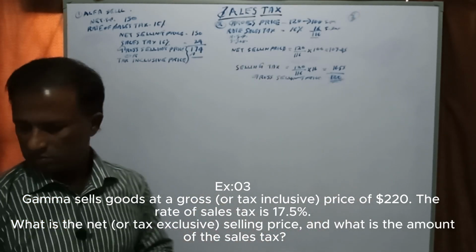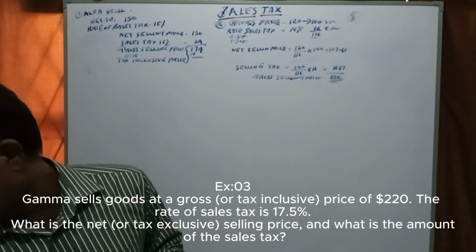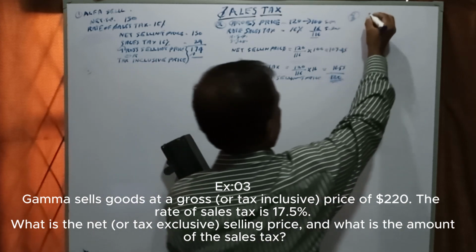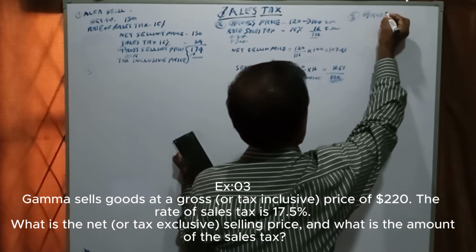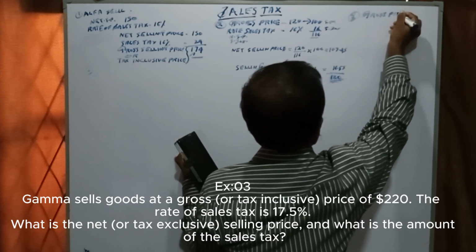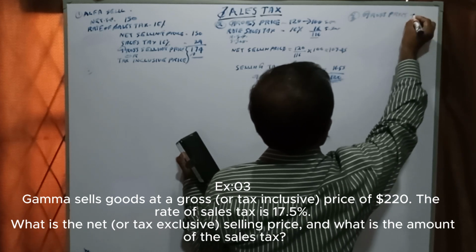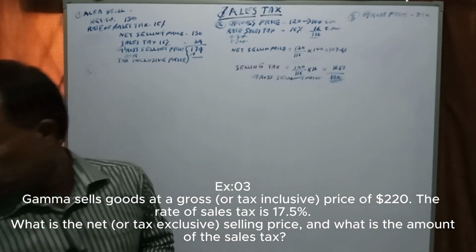The third one is: Gamma sells goods at a gross price of 220.